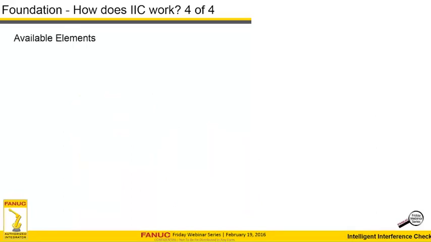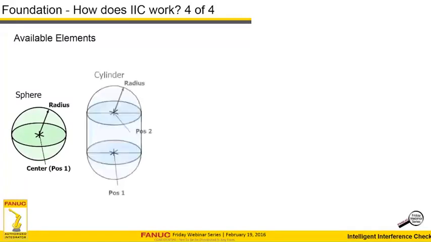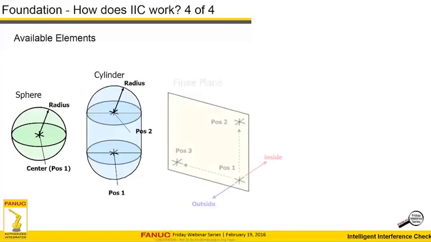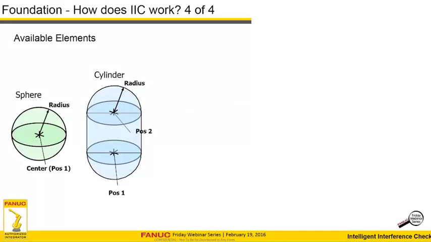The available elements: a sphere, which is a point in space with a radius; a cylinder, which is 2 points in space with a radius. I should note now that the cylinder and the sphere are the only 2 available when teaching a hand model.